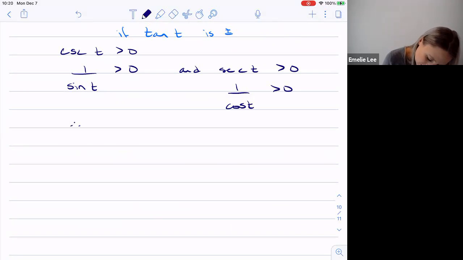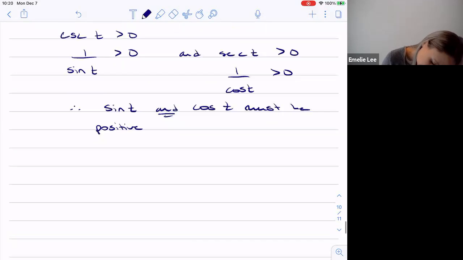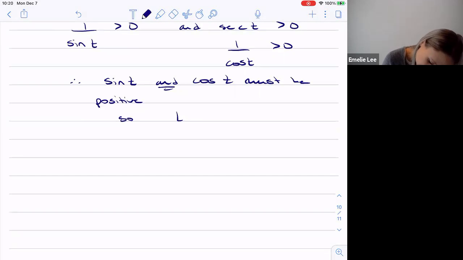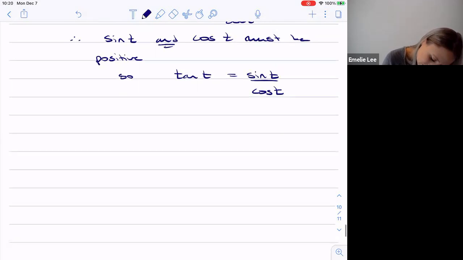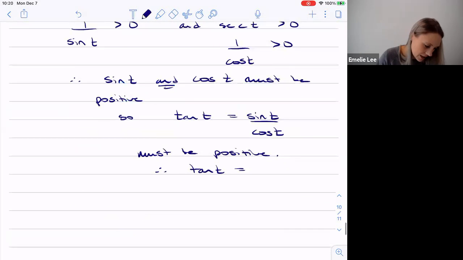So therefore, sine t and cos t must be positive. So tan t, which is sine t over cos t, must be positive. Therefore, tan t is the positive version, 5 over 12.